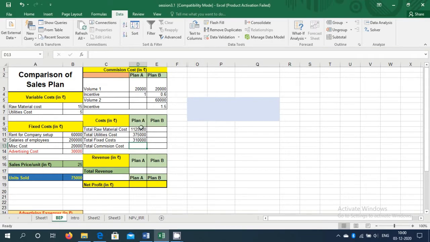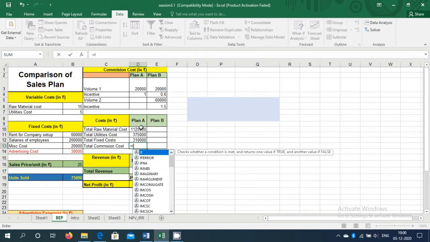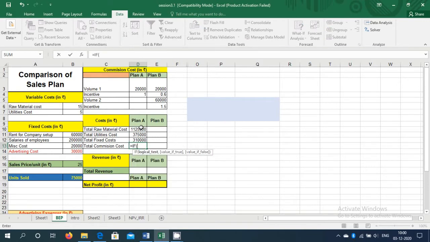So for that I'll write IF the total units sold is greater than volume 1 plan A, then I'll deduct this amount: units sold minus volume 1, multiplied with the incentive.